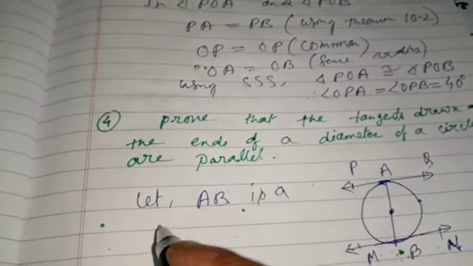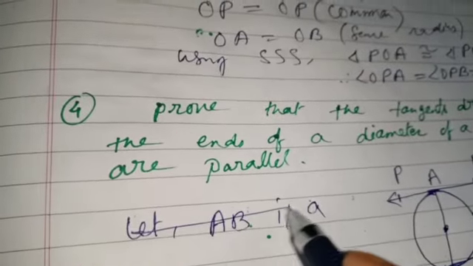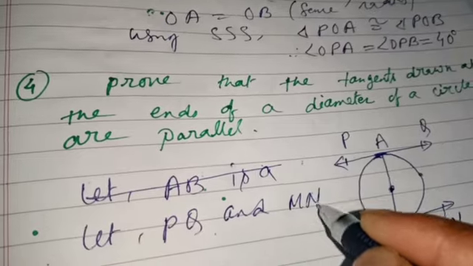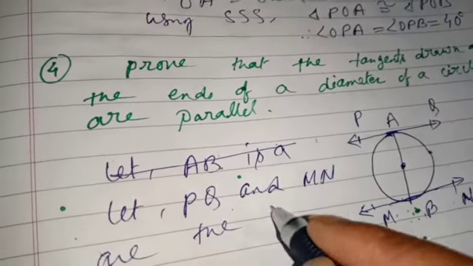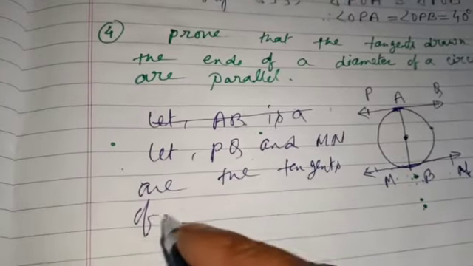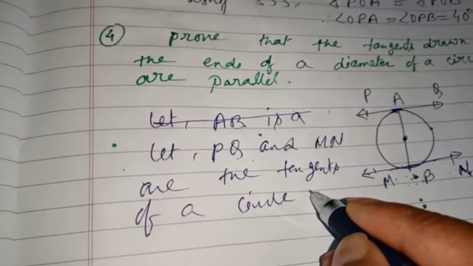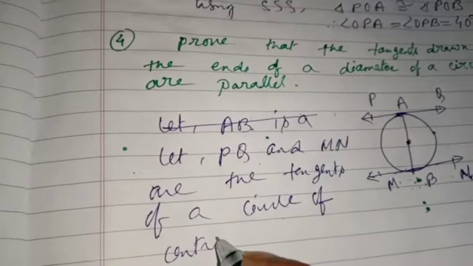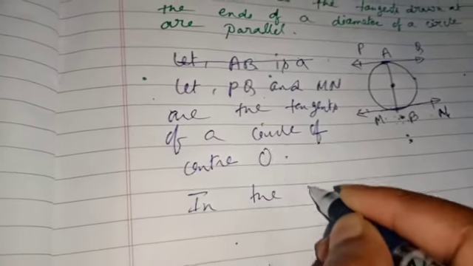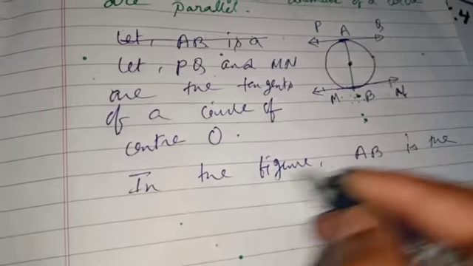Let PQ and MN be the tangents of a circle of center O. In the figure, AB is the diameter.